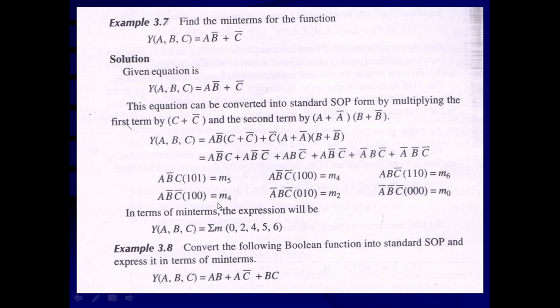This is the min term M4. A bar, B, C bar is nothing but 0, 1, 0. This is nothing but M2. And this is going to be A bar, B bar, C bar, that corresponds to 0, 0, 0, that is equal to min term 0.